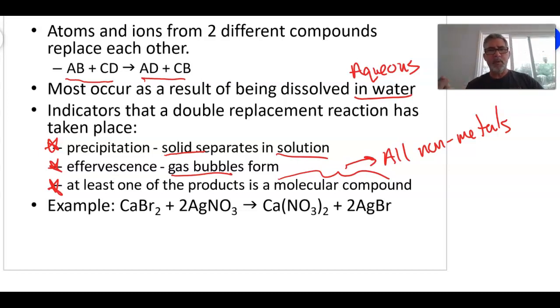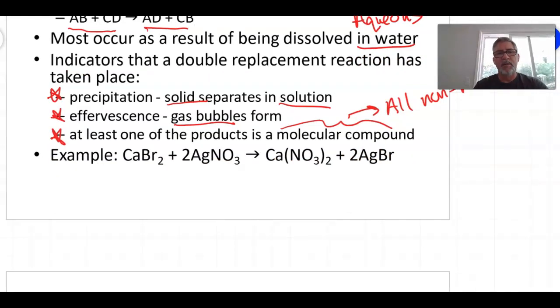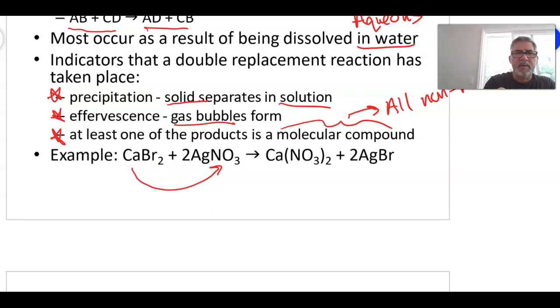If you look at this example, I have calcium bromide and silver nitrate. You'll notice that the calcium comes over here and the silver joins here. This is where I would have to use phase description. These are both aqueous, which means dissolved in water.